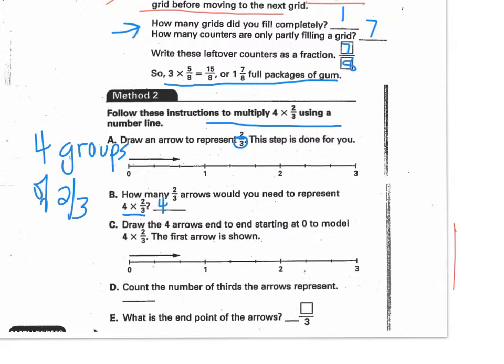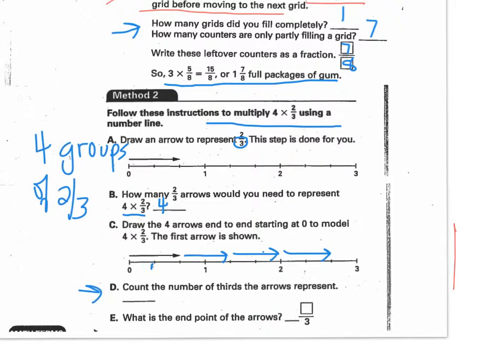I'm going to draw some more arrows. 1 is drawn for me. There's my second arrow. There's my third arrow. And there's my 4th arrow. I have 4 groups of 2/3. 1/3, 2/3. Count the number of thirds the arrow represents.